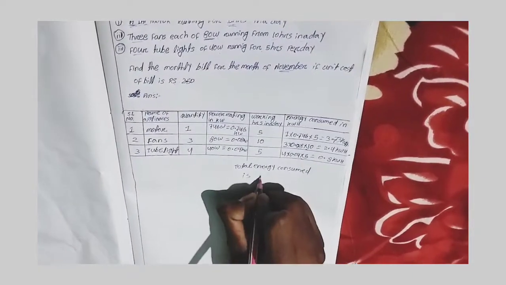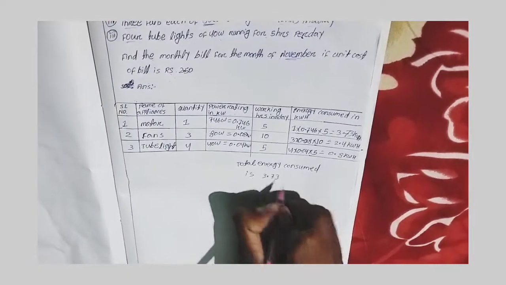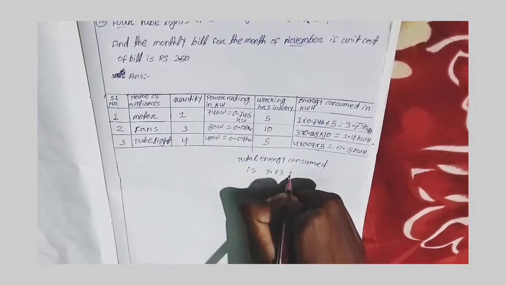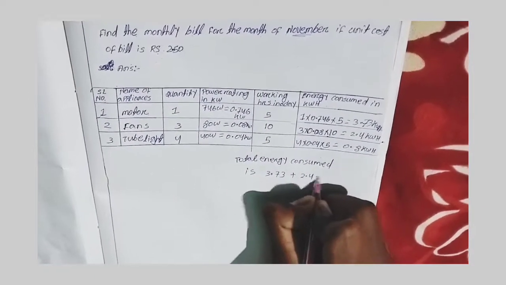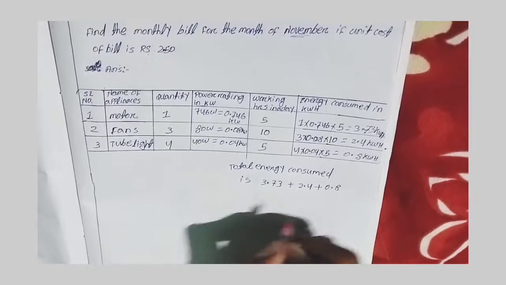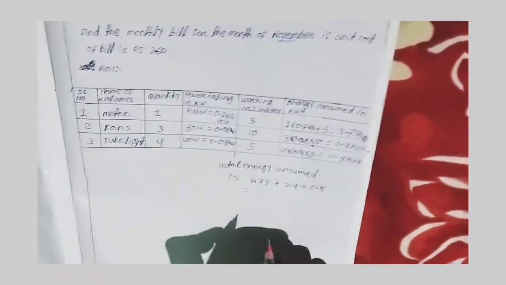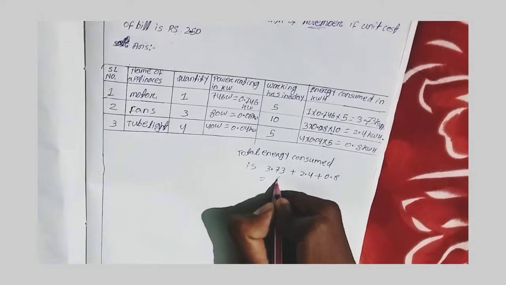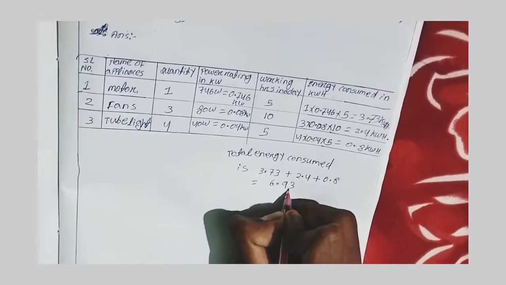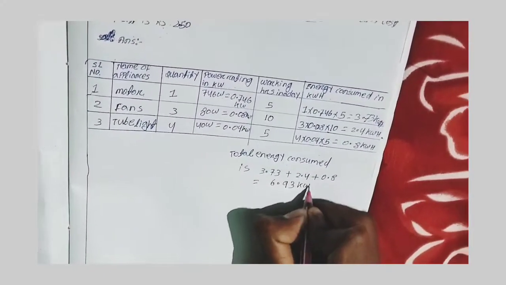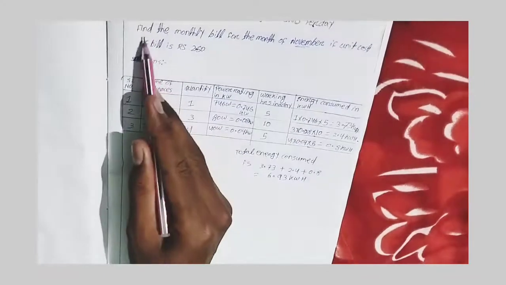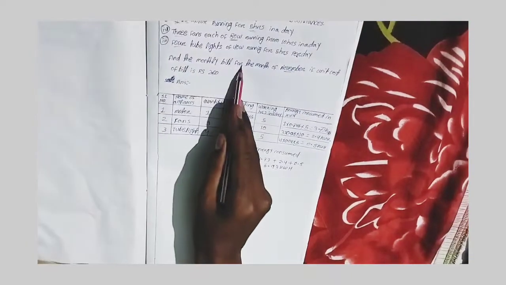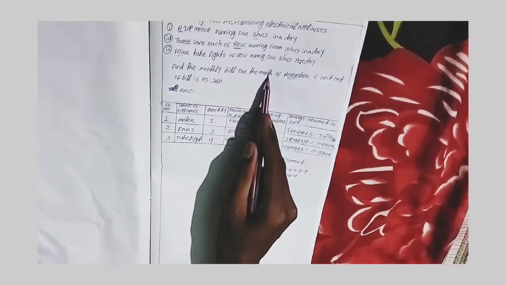So 3.73 plus 2.4 plus 0.8 equals to 6.93 kilowatt hour.